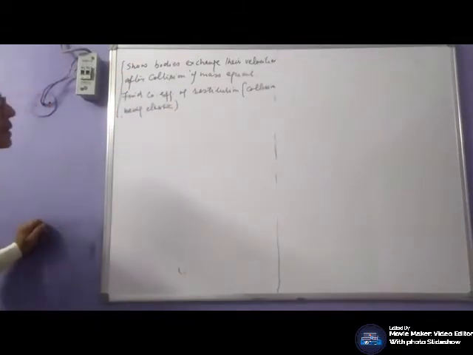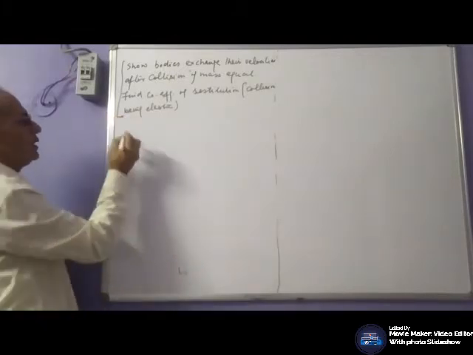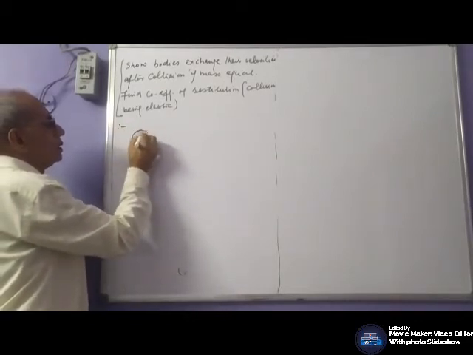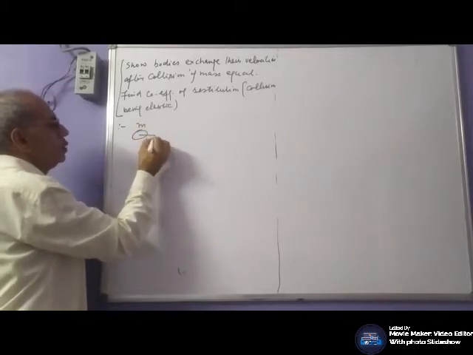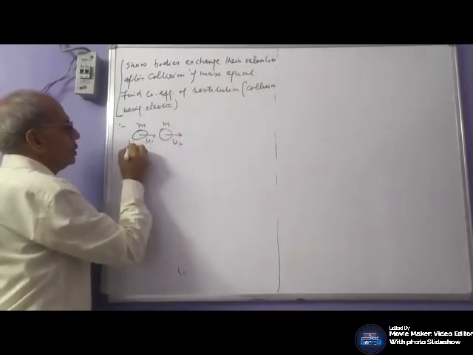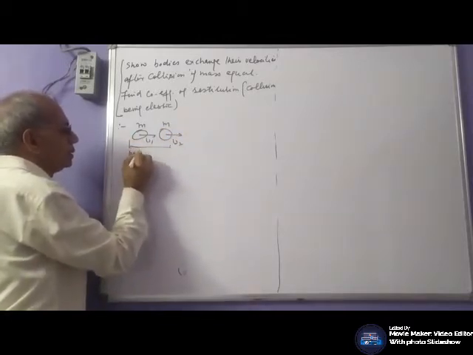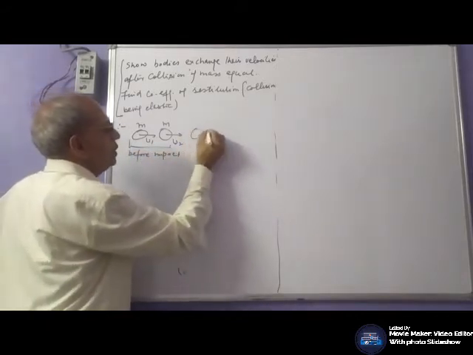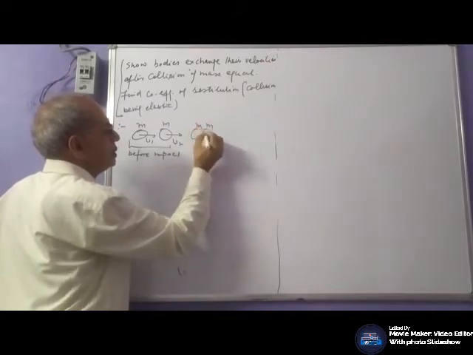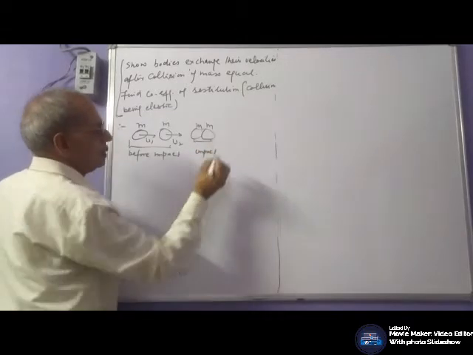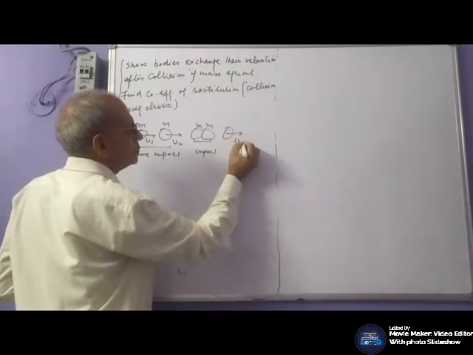We have done it already in a special case. Now directly: this is M U1, this is M U2, this is before impact. This is the impact collision. This is the position after collision.